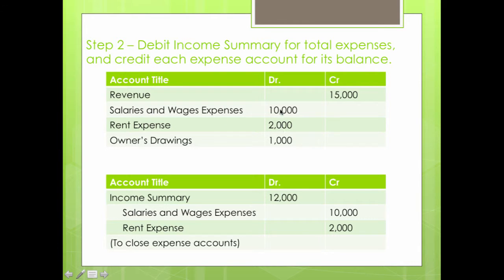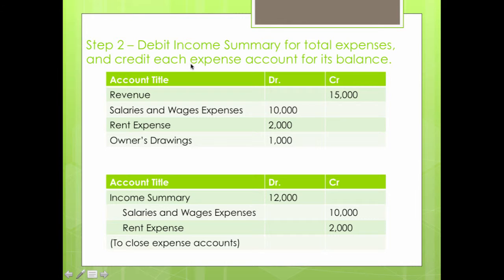If you add those 2 together to come up with the total expenses, you'll see that it's $12,000. It's $10,000 plus $2,000. So you are going to debit income summary for total expenses. We know the total expenses is $12,000, so we're going to record that as a debit for income summary of $12,000.